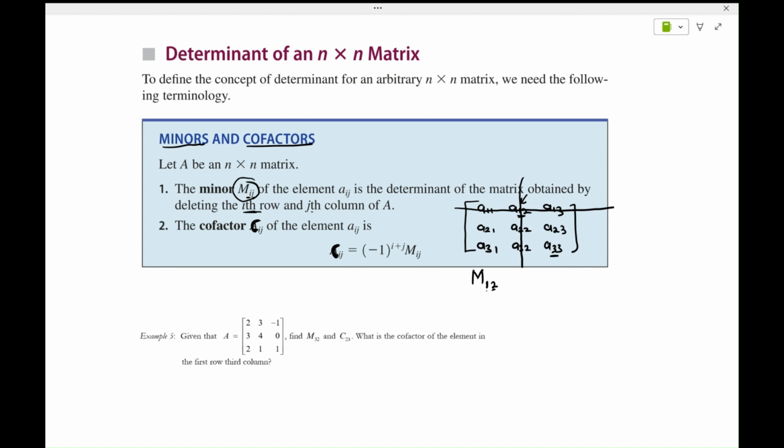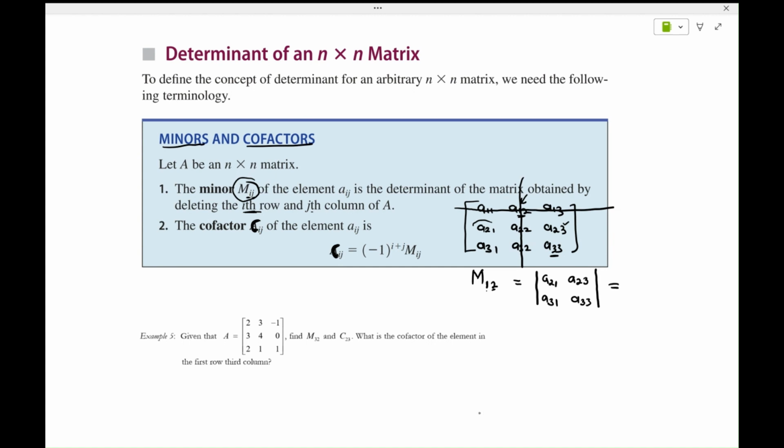So what is left? You are going to take the determinant of whatever is left. What is left is A21, then A31, then here we have A23 and A33.